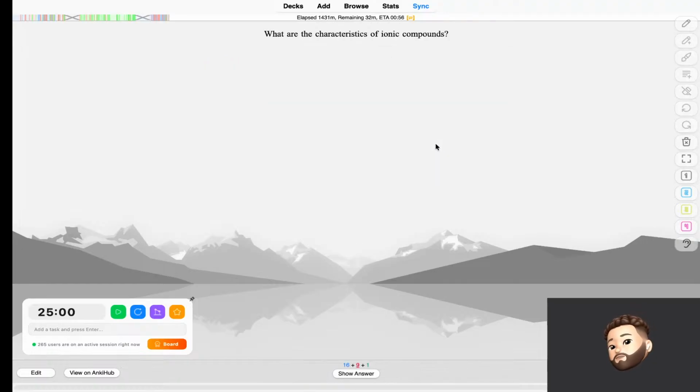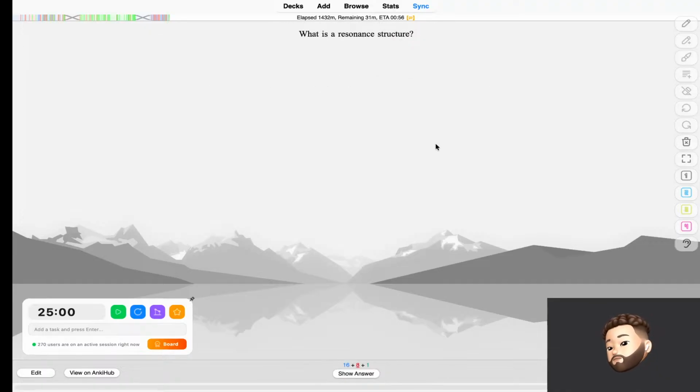What are the characteristics of ionic compounds? They have high melting points and boiling points. They dissolve in water and polar solvents, and they form crystal lattice structures to maximize attractive and minimize repulsive forces.